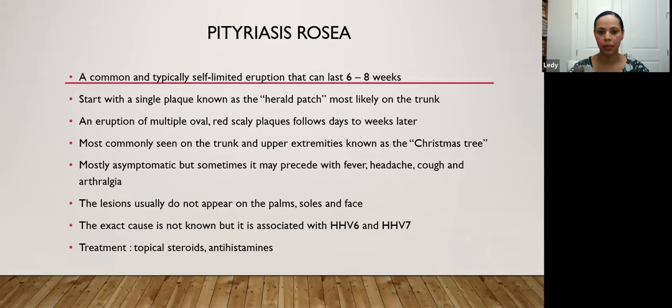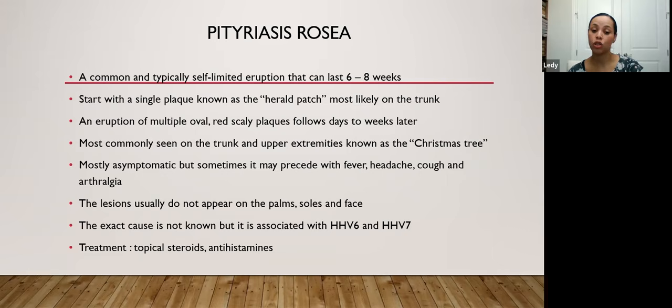Okay. All right. And then this one, pityriasis rosea, is also very common in kids. A common and typically self-limiting eruption that can last 6 to 8 weeks. Starts with a single plaque known as the herald patch, most likely on the trunk, and then it could spread everywhere else. An eruption of multiple oval red scaly plaques follows days to 2 weeks later.